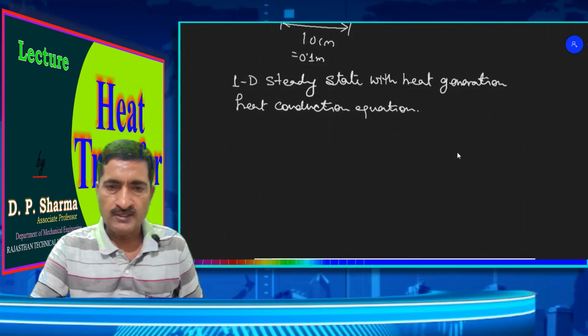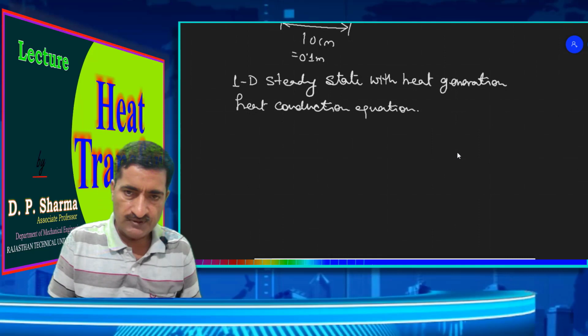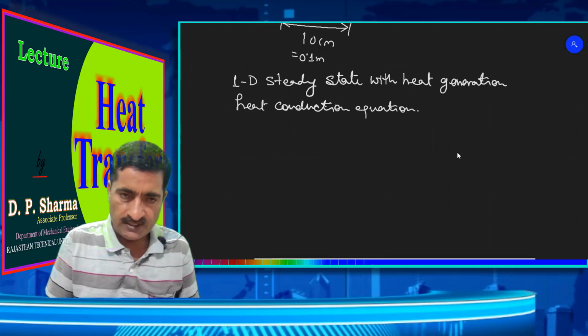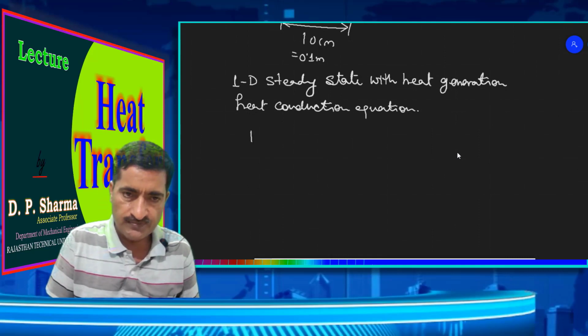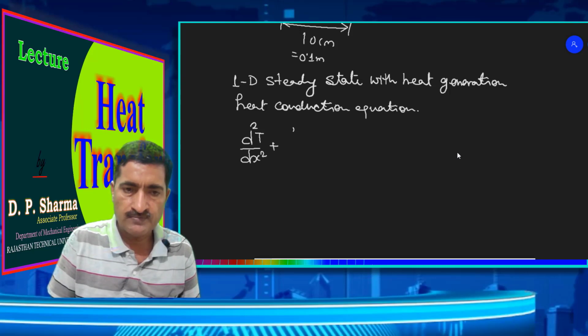So what is the steady state with heat generation heat conduction equation, which is d square T by dx square plus Qg by K equal to 0.